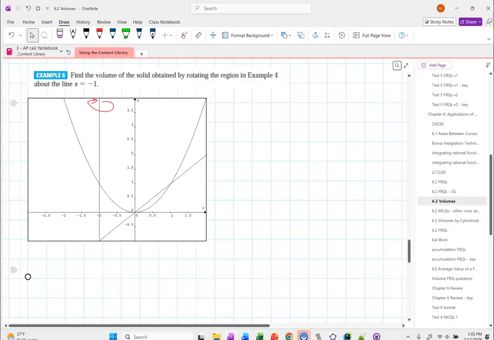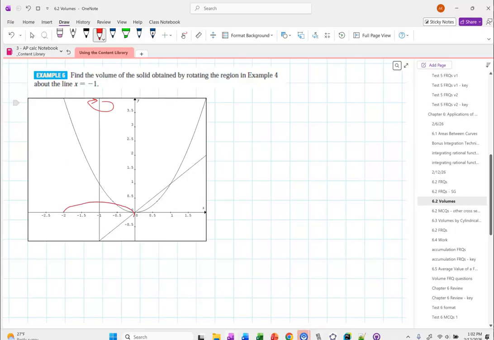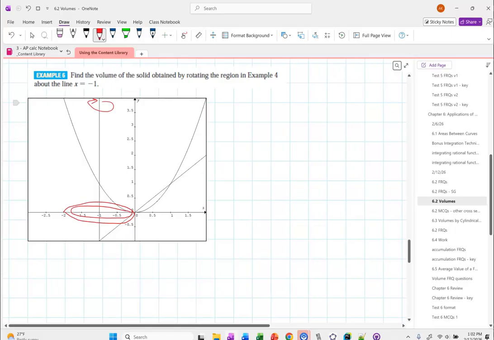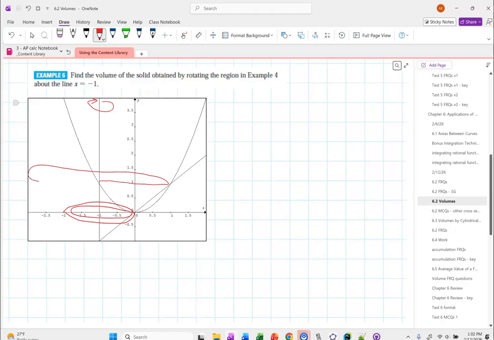So if I imagine what this is going to look like, kind of the same shape, but this time it's opening up instead of opening to the side. That feel okay with everybody?